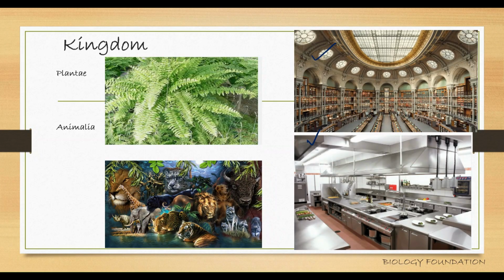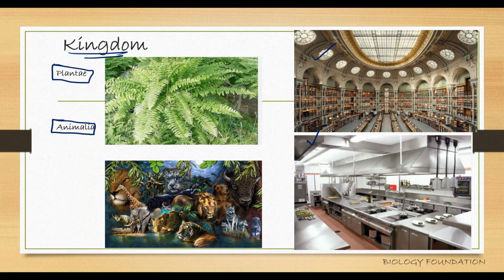So let's compare the library to kingdom. There are basically two broad kingdoms, Plantae and Animalia. When someone says the word library, you start imagining a room filled with books. In the same way, when I say kitchen, you start imagining a room with a stove and equipment along with the food items.